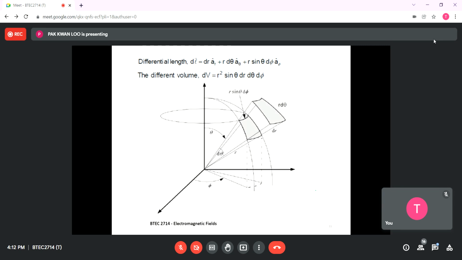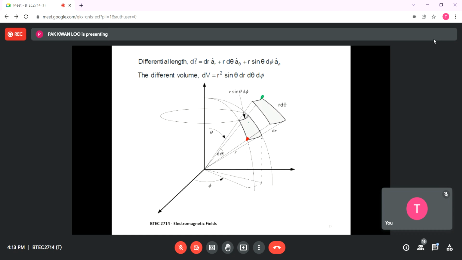So the differential length now. Again, I'm going to start with a point, and from the initial point, we move from this red dot to the green point, from one vertex to another.